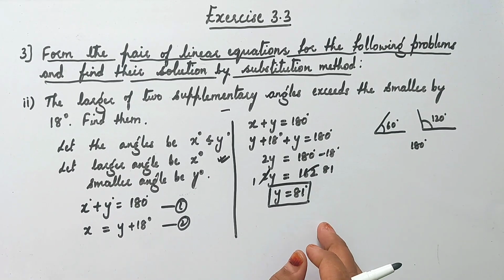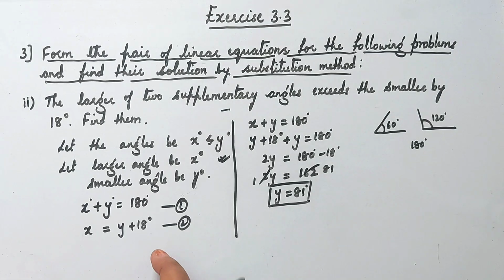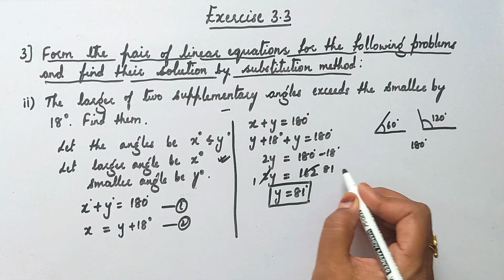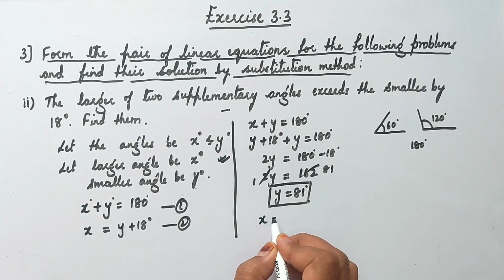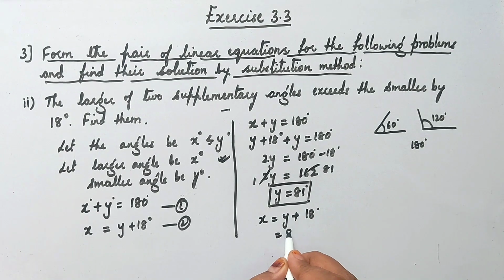So I found one of the angles here, the smaller angle. Let's find the larger angle. Let me substitute the value of y in equation 2 to get the value of x. Now x equal to y plus 18. The y value is 81, plus 18.